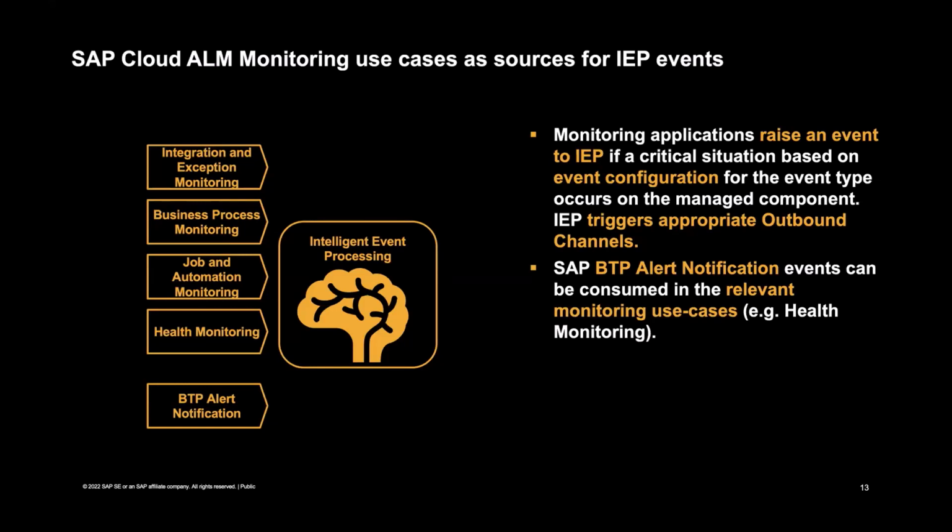There's also a specific case where we already consume events from an external provider, in this case from the business technology platform. We are consuming events from the alert notification service. So those events can also be forwarded to the intelligent event processing inside of Cloud ALM, processed in a unified way, and forwarded to the respective outbound channels.